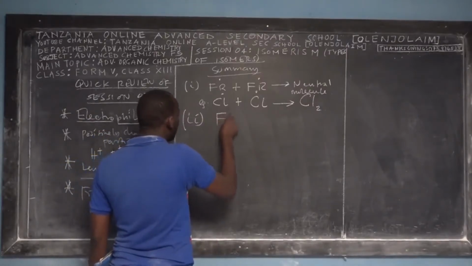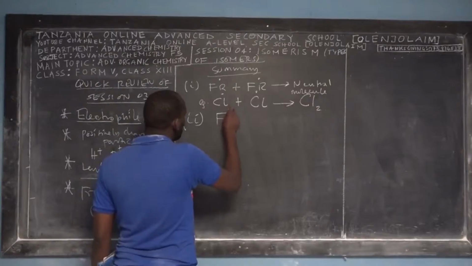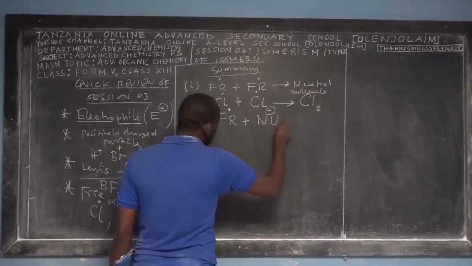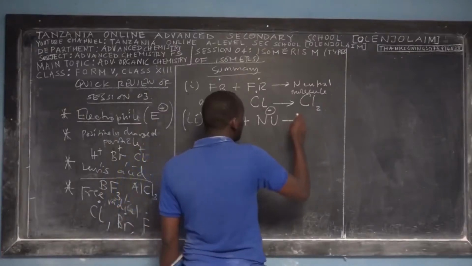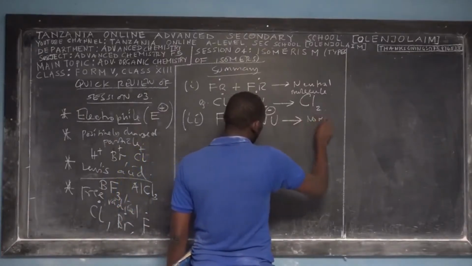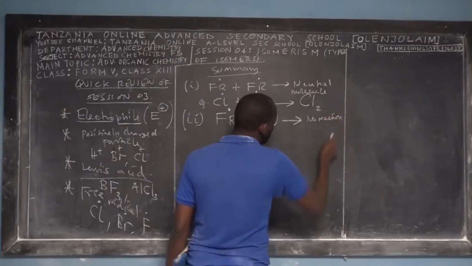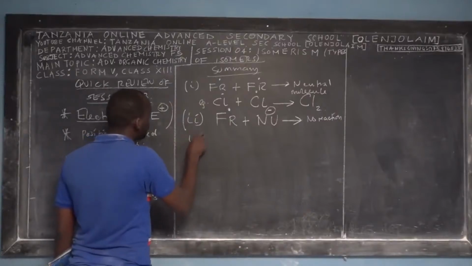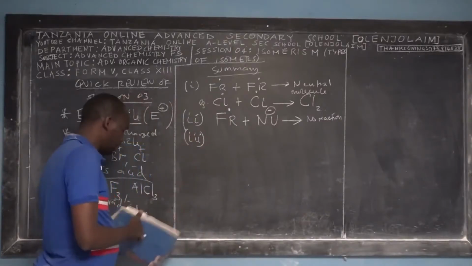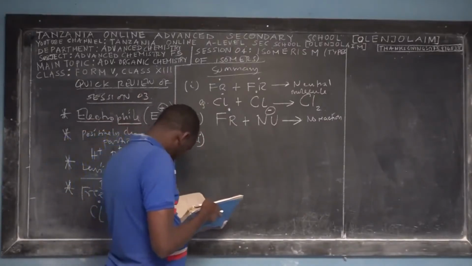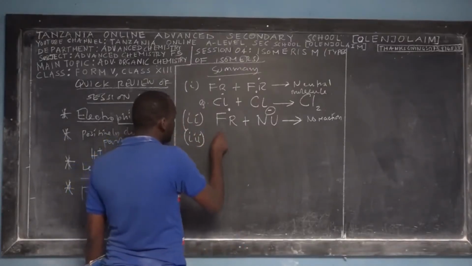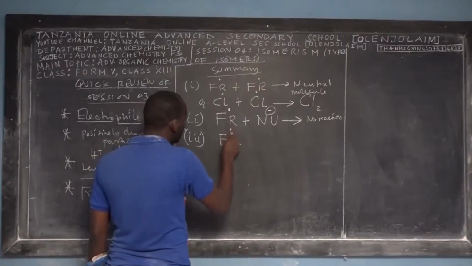If you take a free radical and react with a nucleophile, according to the chemists, we say that there is no reaction. Again, what if we take a free radical and react with an electrophile? We see the exception of free radical.